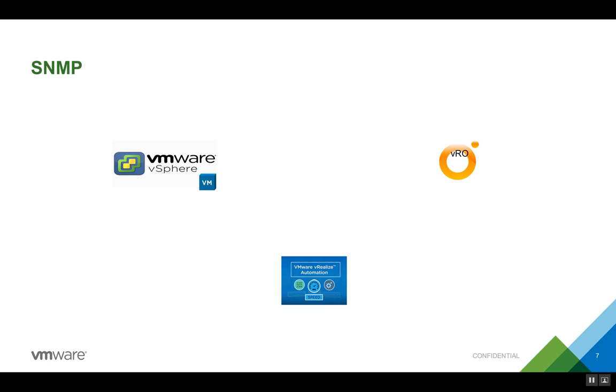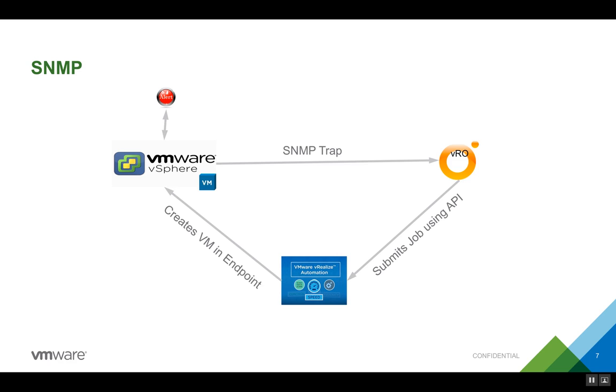So we will just depict that. How the traps work. Say you have a vSphere environment, vCenter server on which a virtual machine is running, and it raises an alert, say CPU alert or some other alert. So vCenter server simply sends one SNMP trap to vRealize Orchestrator. vRealize Orchestrator in turn processes that and then submits a job to vRealize Automation through API. vRealize Automation in turn creates the VM in the endpoint.